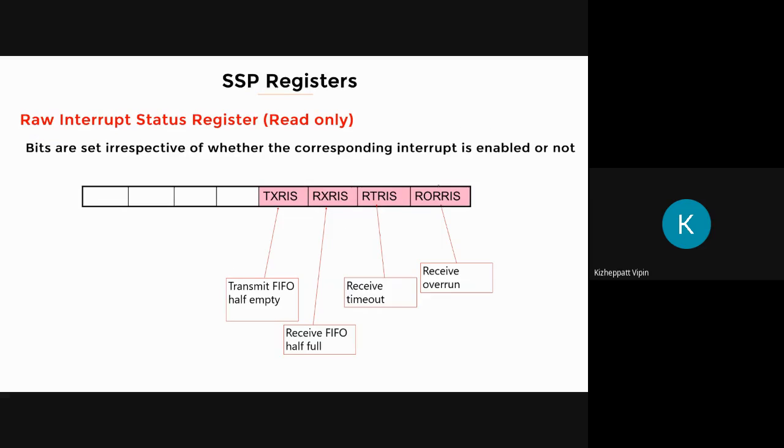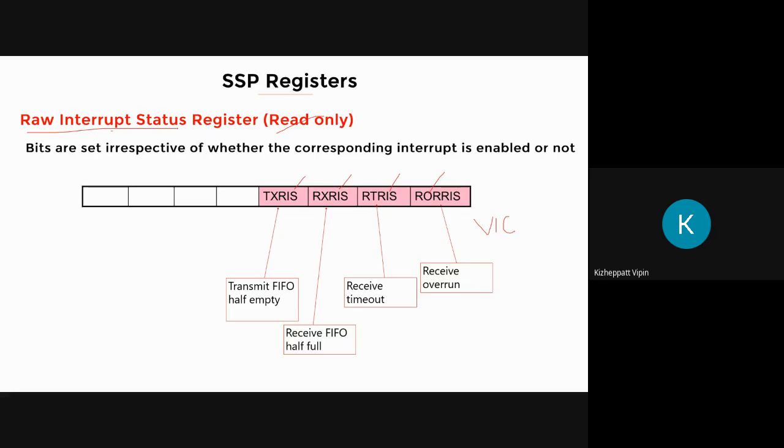Okay, raw interrupt. It doesn't matter whether it is masked or not. If an interrupt happens, the corresponding bit here will be set. If it is not masked, the interrupt won't be raised, but the bit will get set. Same thing we have seen in VIC, right? Do you remember raw interrupt status?